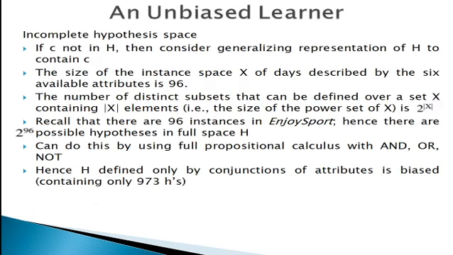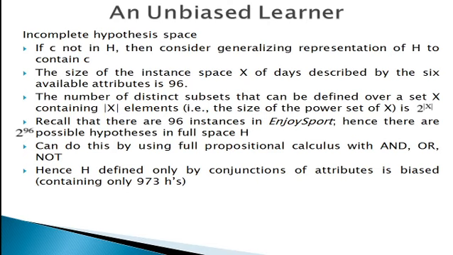Next is an unbiased learner, right? The obvious solution to the problem of assuring that the target concept is in the hypothesis space H is to provide a hypothesis space which is capable of representing every teachable concept.